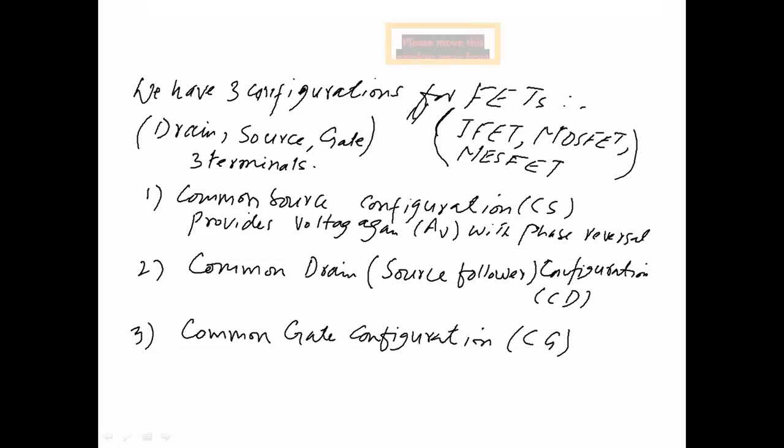The common drain or source follower configuration provides unity gain with no phase reversal. The major application of this configuration is impedance matching.